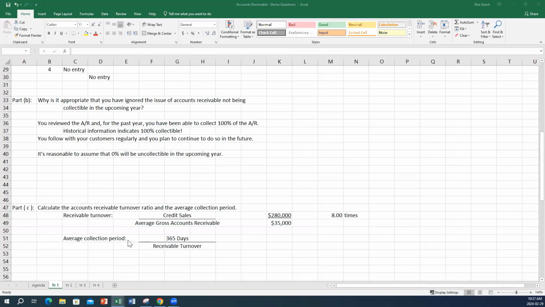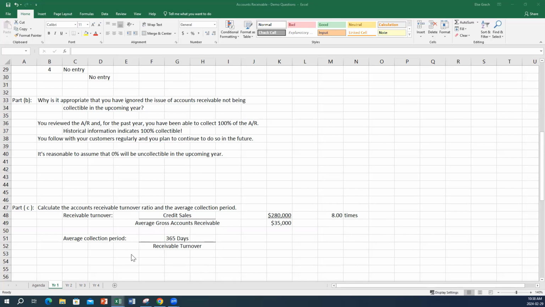This is a really useful variant of the receivable turnover because it converts it to the number of days it takes for a company to collect their accounts receivable. So it's often used to assess the effectiveness of a company's credit and collection policies.